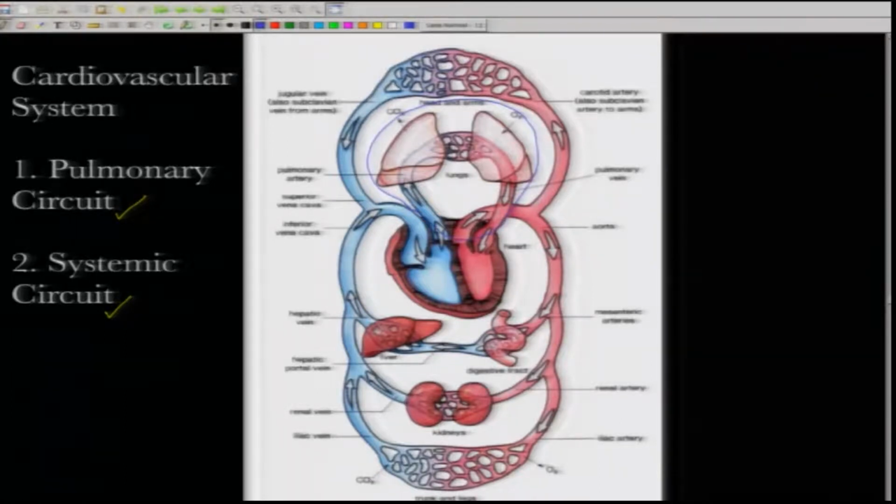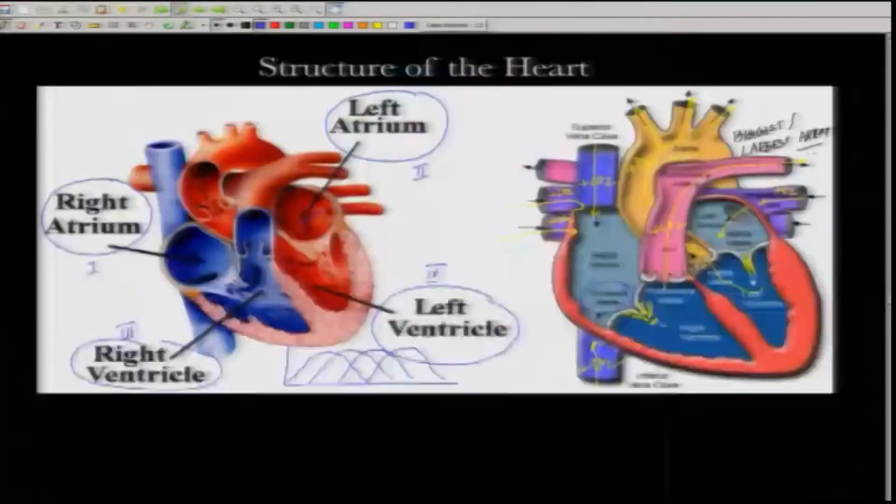This is the pulmonary circuit where impure blood from the right ventricle goes to the lungs, gets the necessary oxygen here, and here it is giving away the CO2 as you can see, and this comes back. That is your pulmonary circuit, through the pulmonary artery and pulmonary valve.